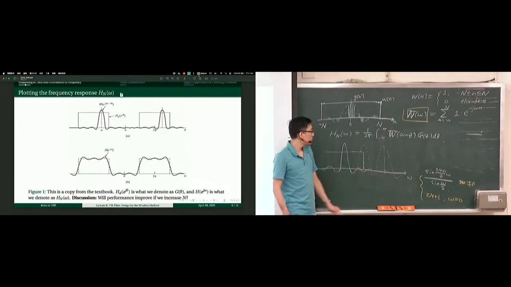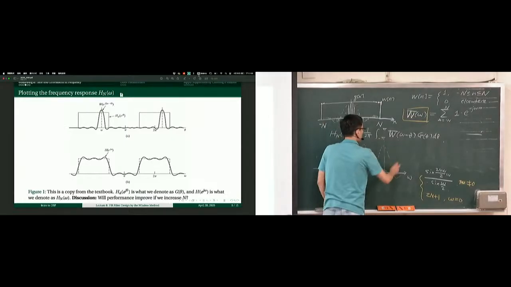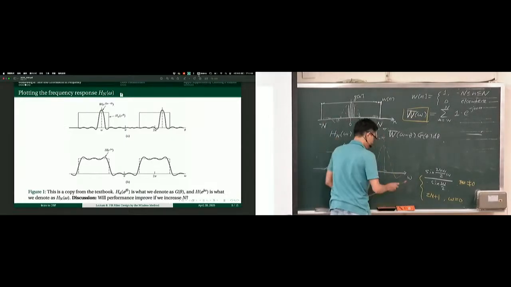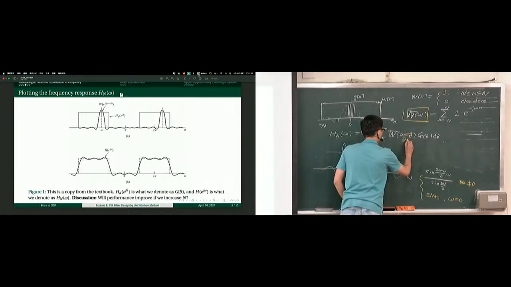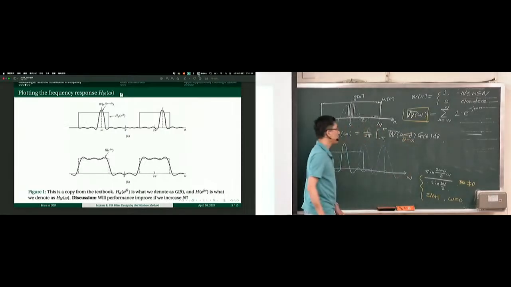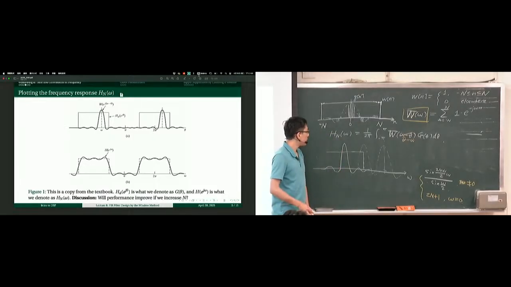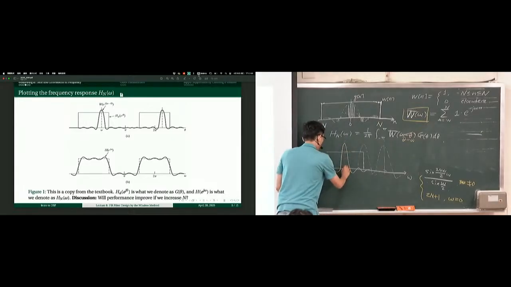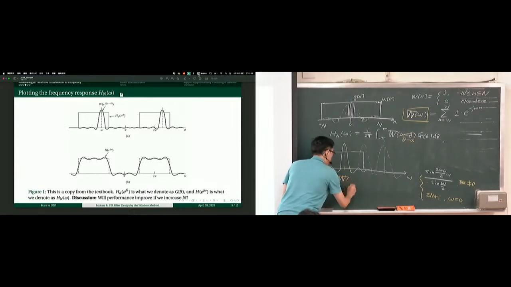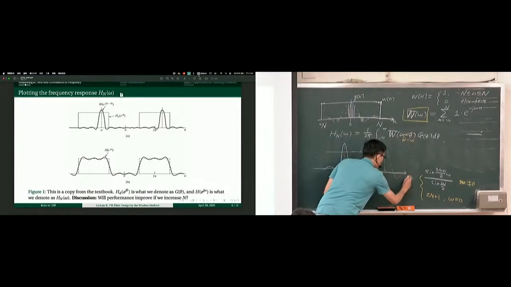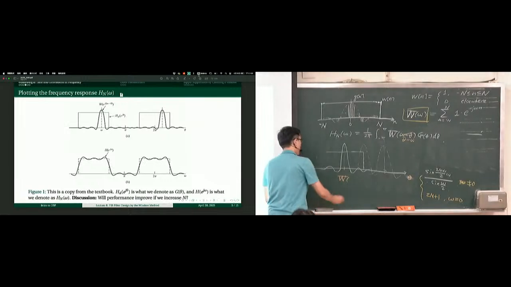Okay, so let me just rewrite this as theta minus omega. It doesn't matter, because big W is symmetric. So here what we really have is big W of theta minus omega, on the theta axis.